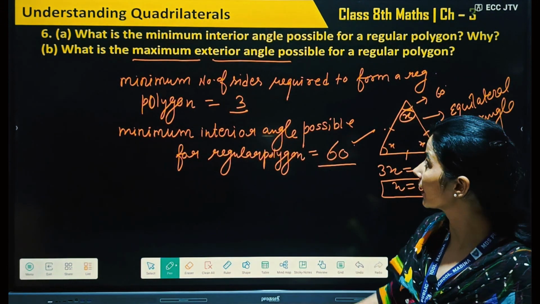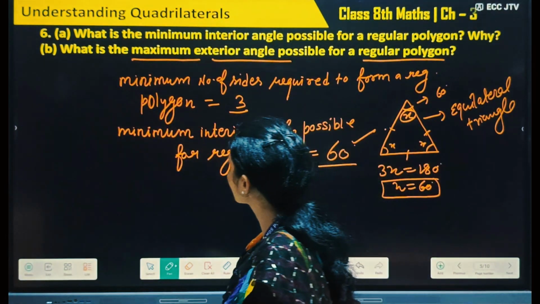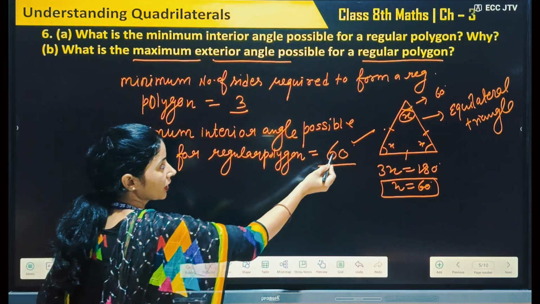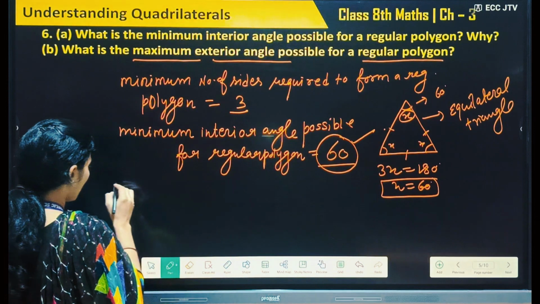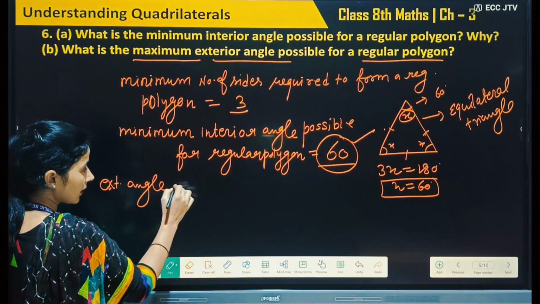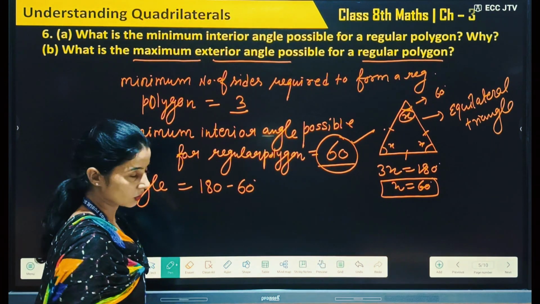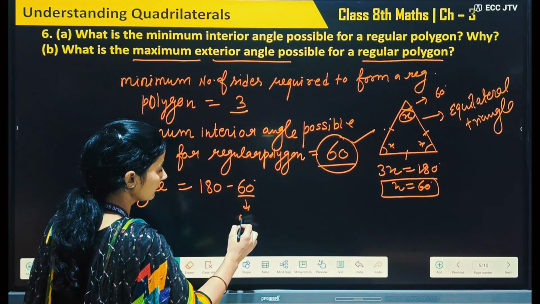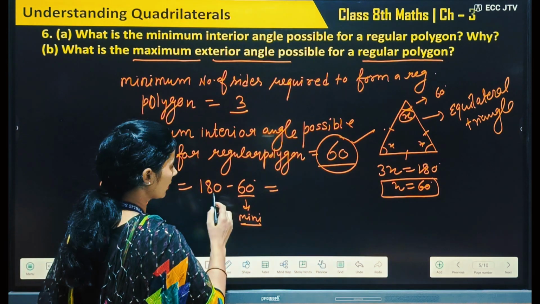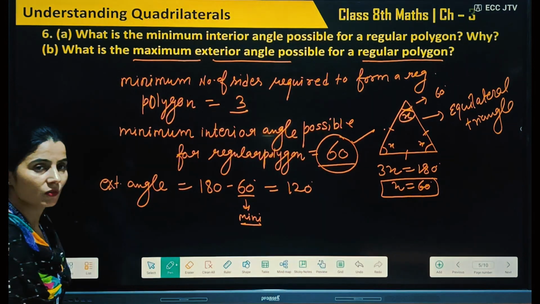Maximum exterior angle possible for a regular polygon. Let us see what will be the maximum exterior angle. How can we find the exterior angle when the interior angle is given to us? 180 minus interior angle. If this value is minimum and we are subtracting, then we will get the maximum: 180 minus 60, 120. Answer is 120.